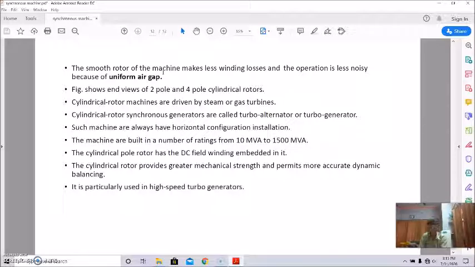Since the armature windings are placed on the stationary part, they are not subjected to vibrations and centrifugal force. As a result, it is possible to produce high voltage of the order of 33 kV.